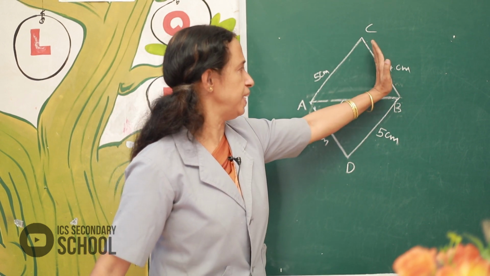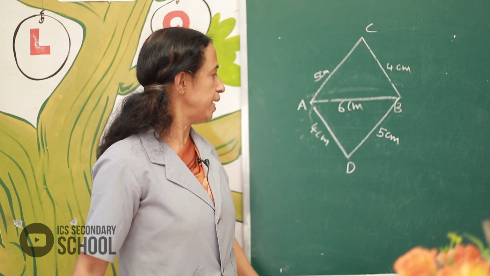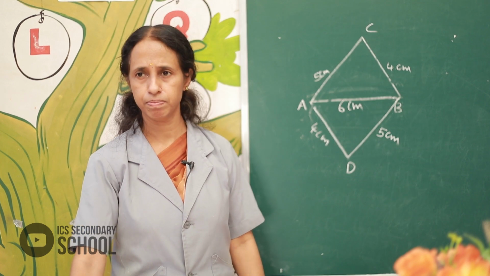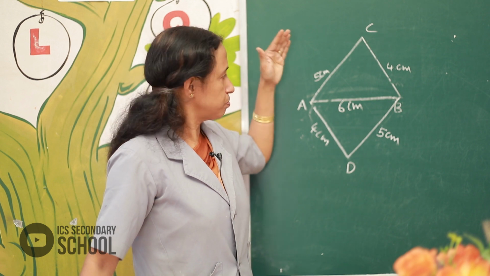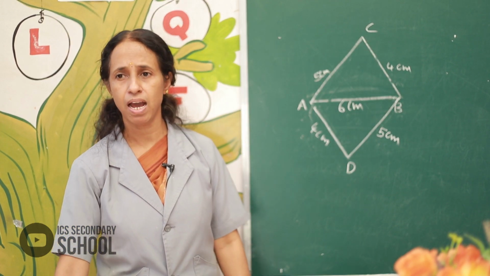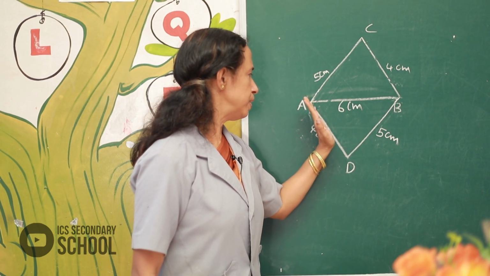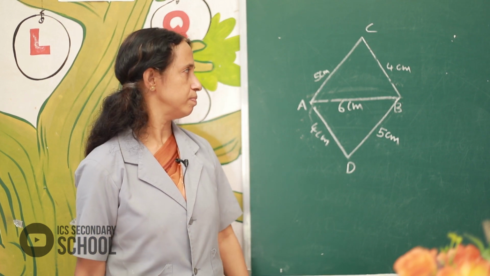AC and BC are the sides of triangle ABC and AD and BD are sides of triangle ABD.